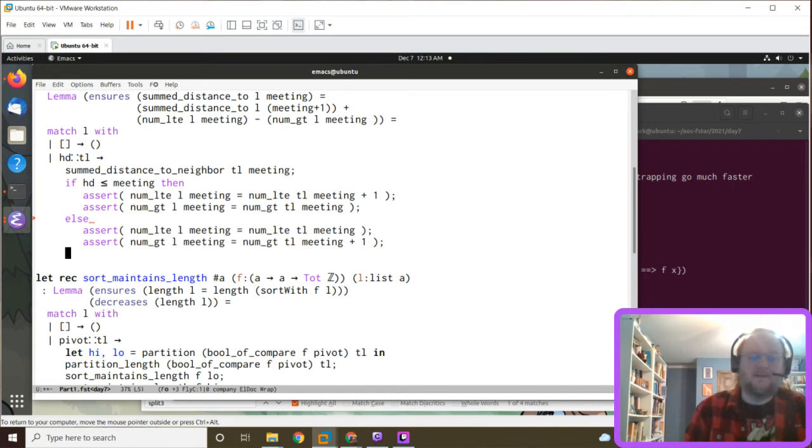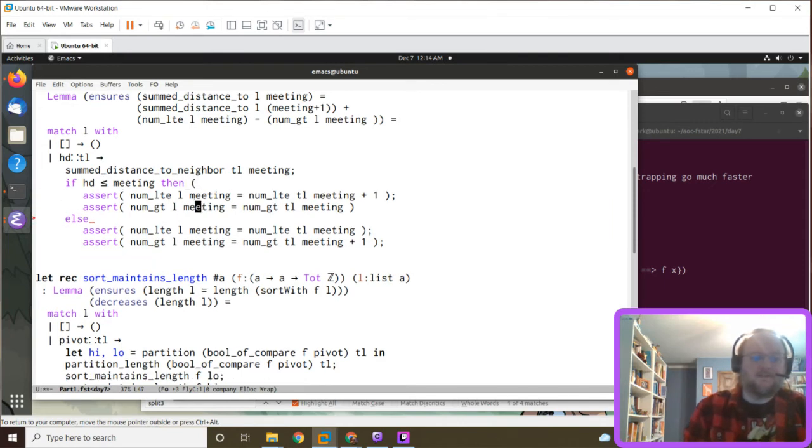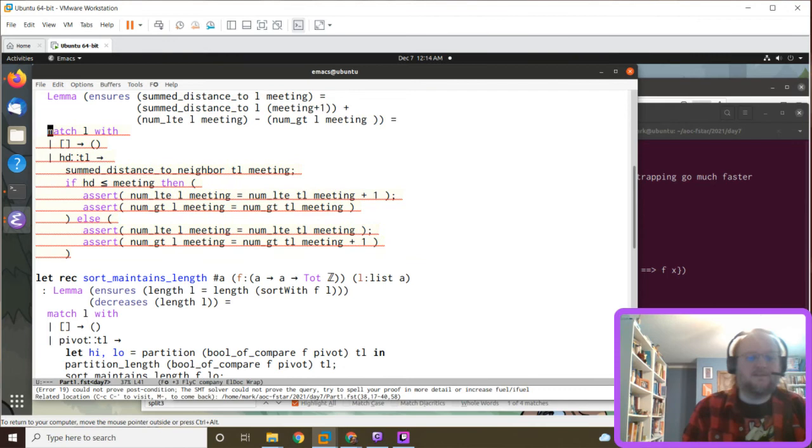Okay. And where's the parser? Maybe we need to wrap those in. Oh, there it is. I don't think that'll be enough yet. No.